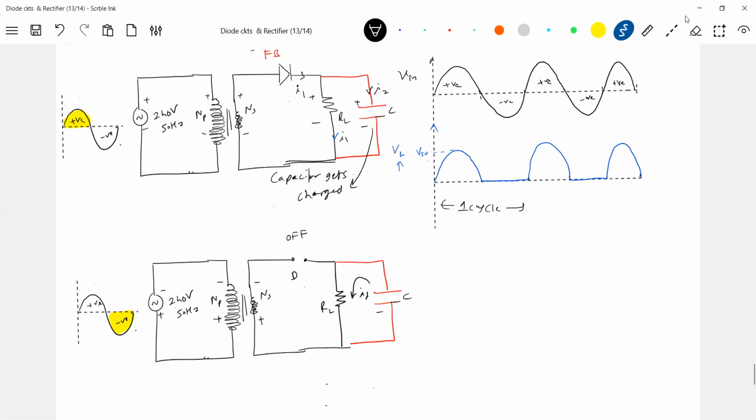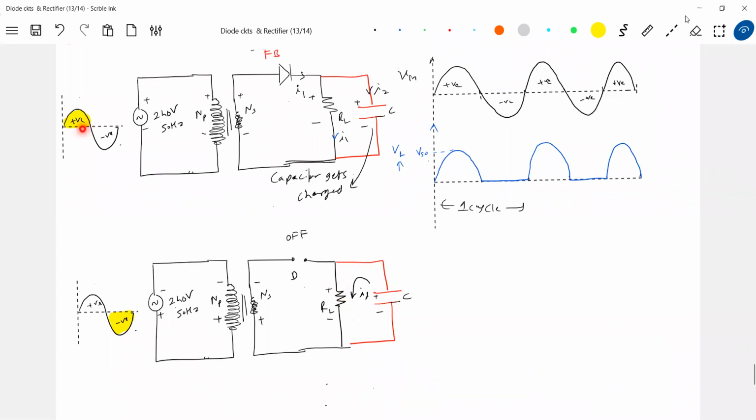ID, let me write it. Positive, negative. This will be positive, negative. Look at it now. During the negative half cycle, without the capacitor, what will happen? No current here. Because of the presence of the capacitor, who will make the current pass through the resistor? This capacitor starts discharging. How long will it discharge?